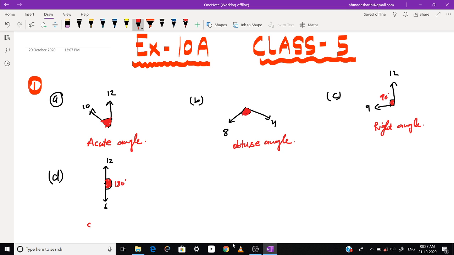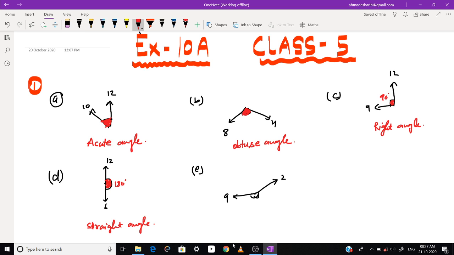So the answer is straight angle. Okay, now E, one of the hands is at 2 and the other hand is at 9, and we are talking about this angle.